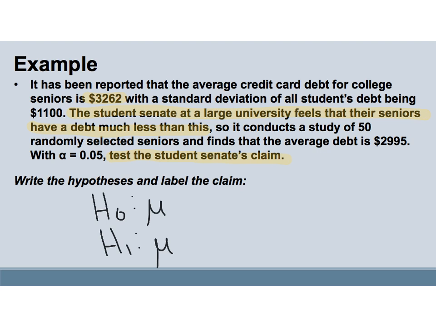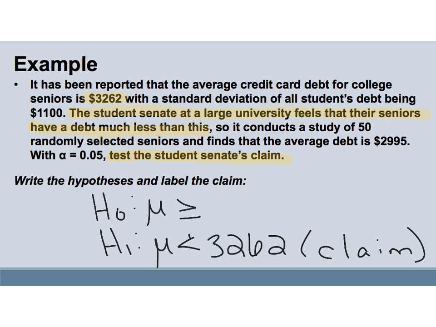That's the claim. Well, less than goes with the alternative. So this is what the Student Senate is claiming. The opposite of less than is greater than or equal to. So we've written out our hypothesis and labeled the claim.